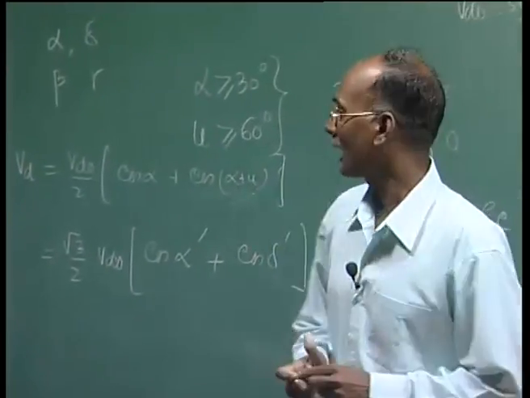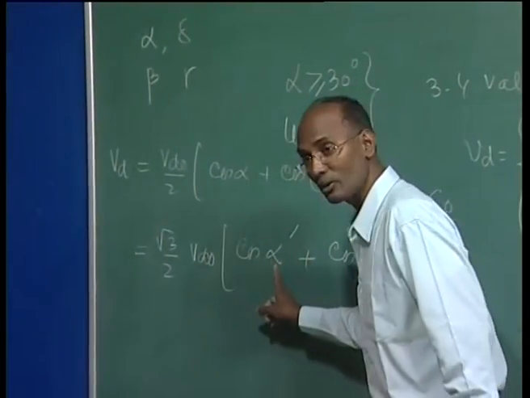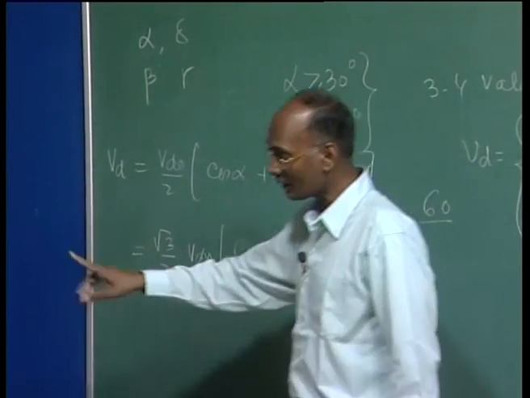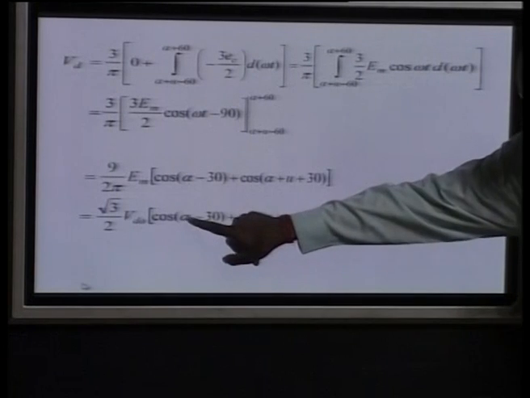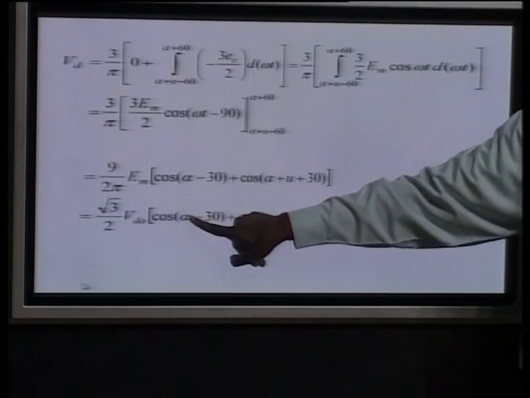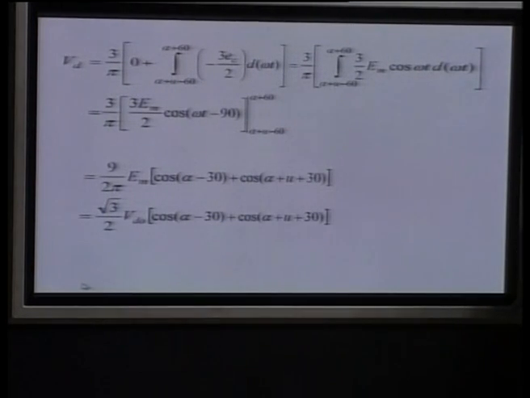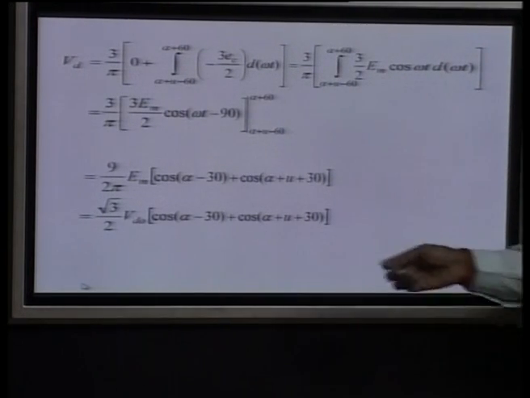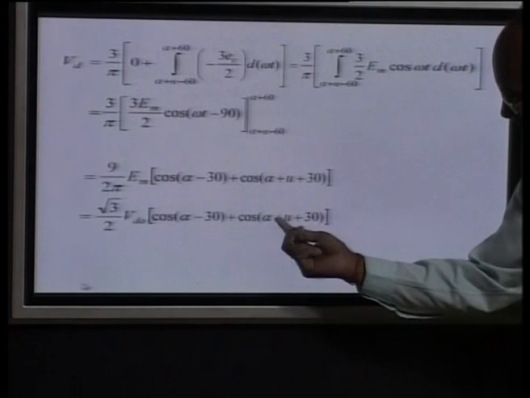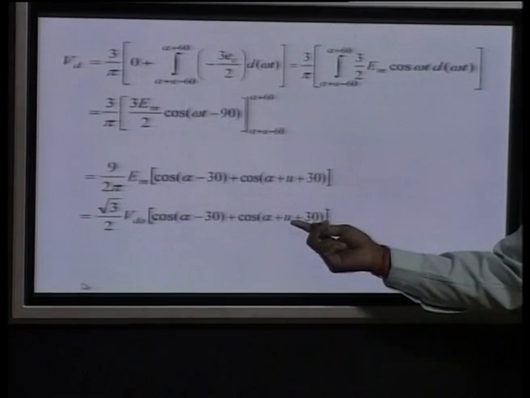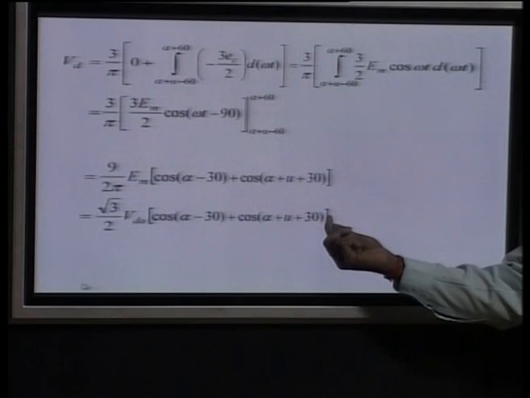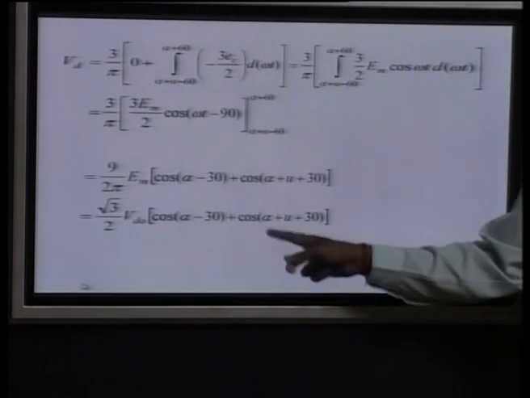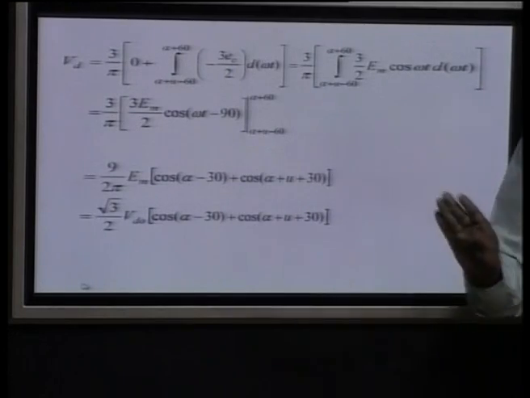Prime means, as I said, alpha cannot be less than 30 degree, so alpha should be greater than that. So alpha prime is measured from another axis. Here delta is alpha plus u, and delta plus 30, because that 30 comes from the 30 degree delay. So we are getting the same expression.